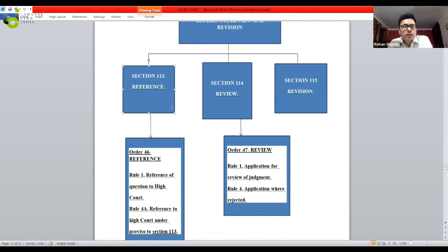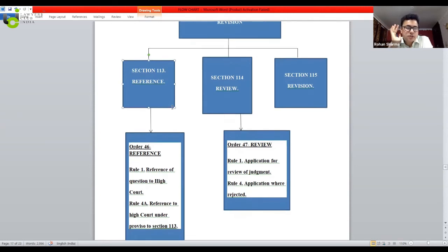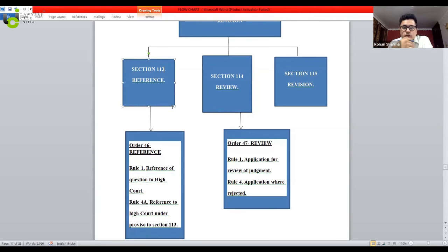Then under Section 113, this lower court can refer this specific matter to the concerned High Court for its opinion. The High Court will record its opinion on that specific reference point and will send the matter back with its observations, and the lower court can proceed. Order 46, the procedures, in what form the reference has to be framed and things like that are mentioned. Section 114.